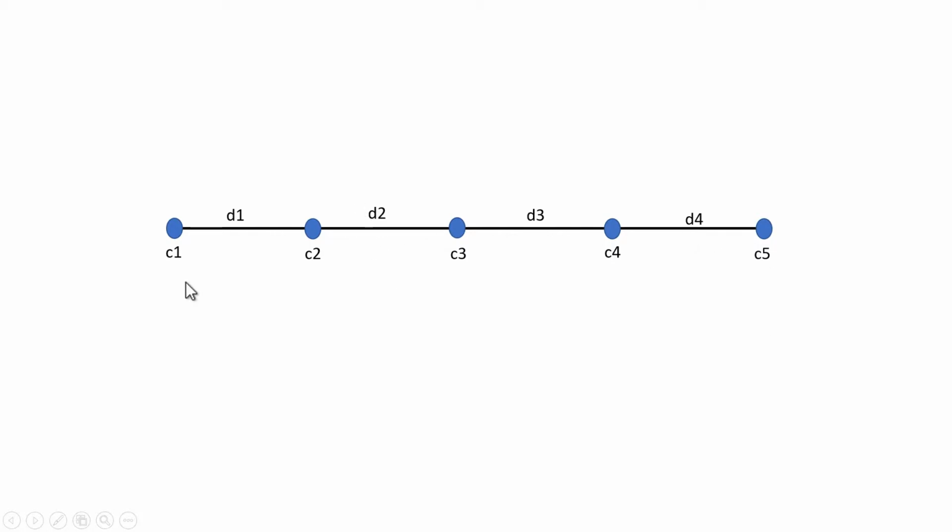Now what we need to calculate is the distance table. For the first city, we need to calculate the distance of C1 to C1, C1 to C2, C1 to C3, C1 to C4, and C1 to C5.